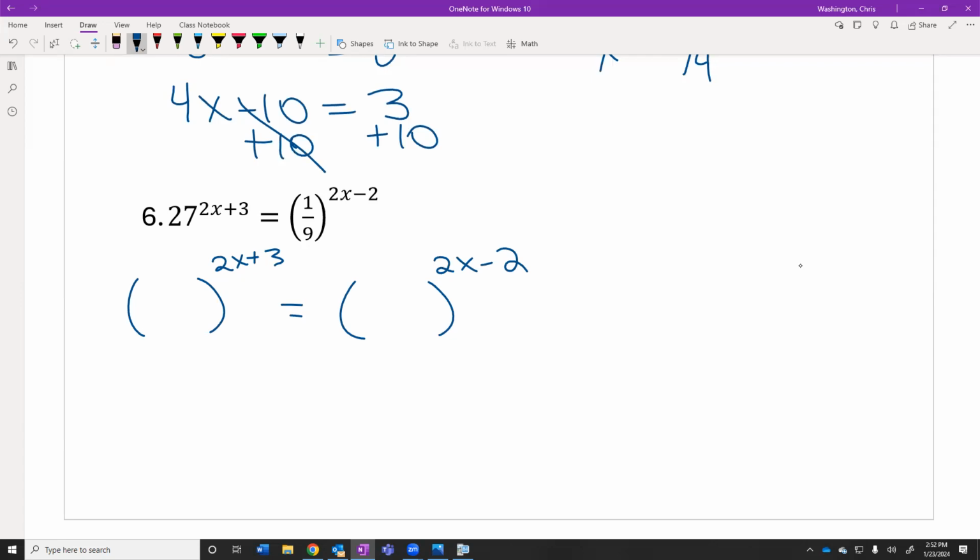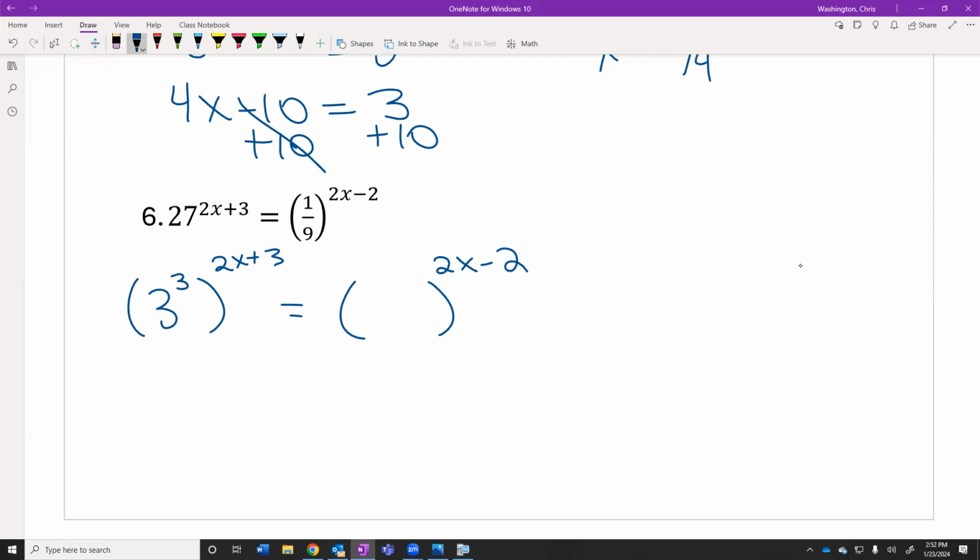Got to change the 27 and the 1 over 9. So if you're stuck, look at your powers chart. 27 is 3 to what power? 27 is 3 to the third power.